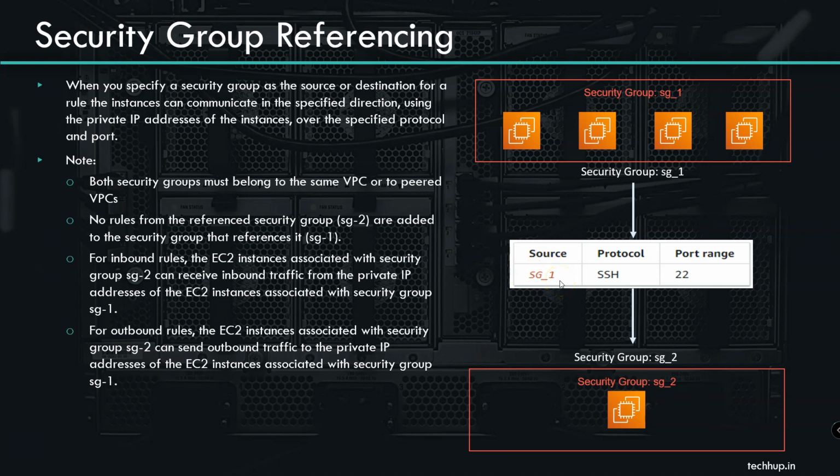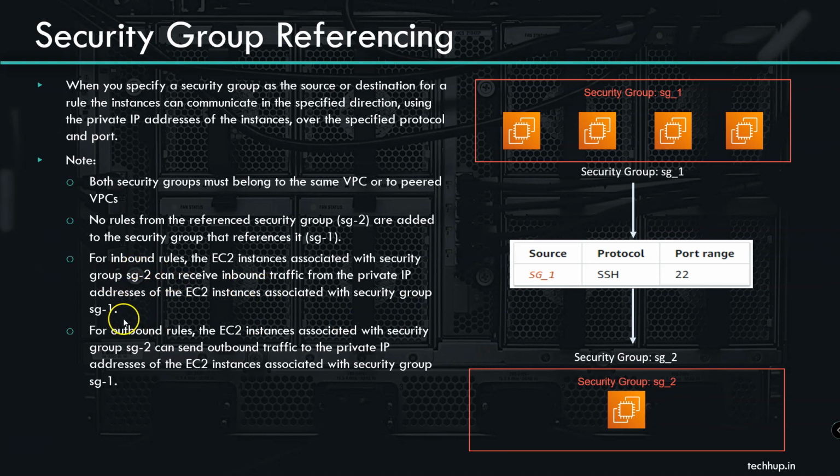This is one important aspect to remember. Whatever inbound or outbound rules you configure under Security Group 1 do not apply to Security Group 2. It is only and only referencing these EC2 instance IP addresses as the source, and that's it.